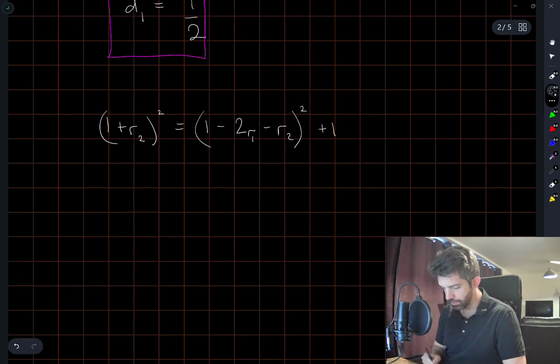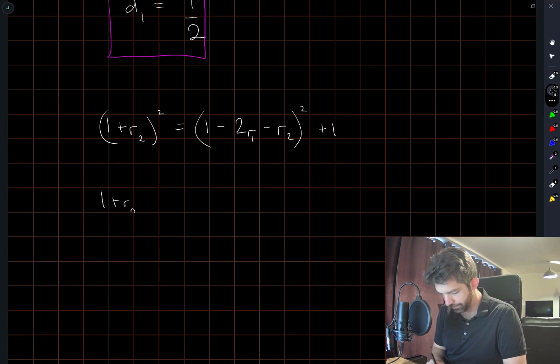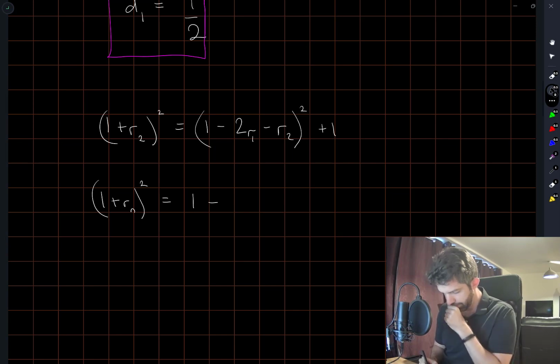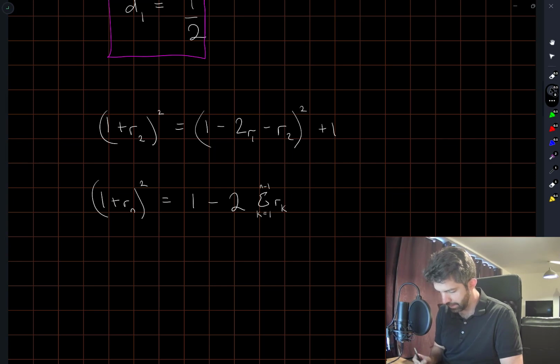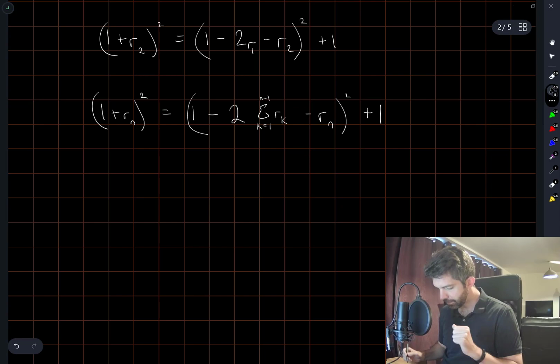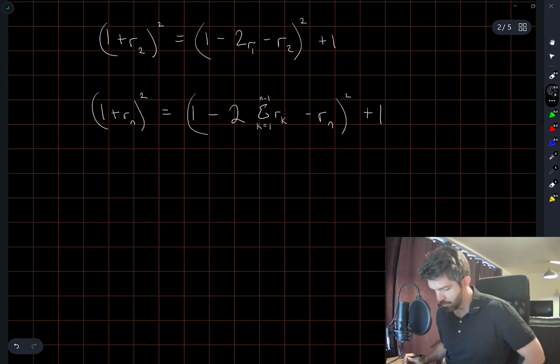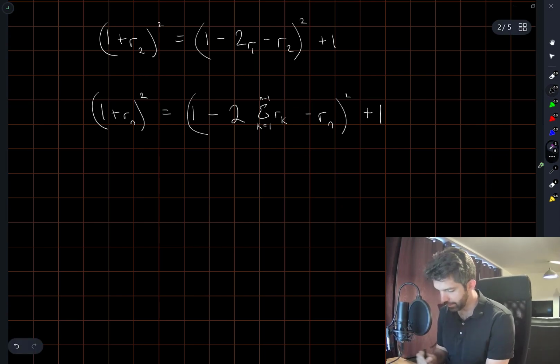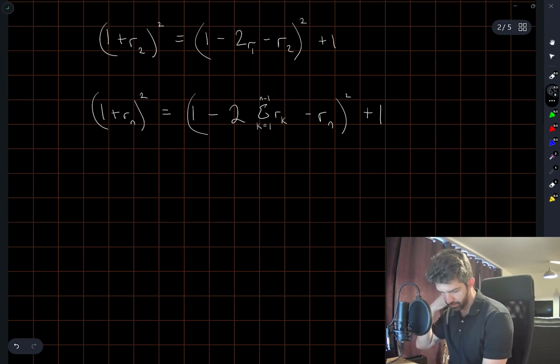Or I'll even write out the general relation that I'll need. 1 plus Rn squared is equal to 1 minus 2 times the sum of Rk, k goes from 1 to n minus 1, minus Rn plus 1 squared. And I guess I'll just want to try and keep that as some kind of general term.